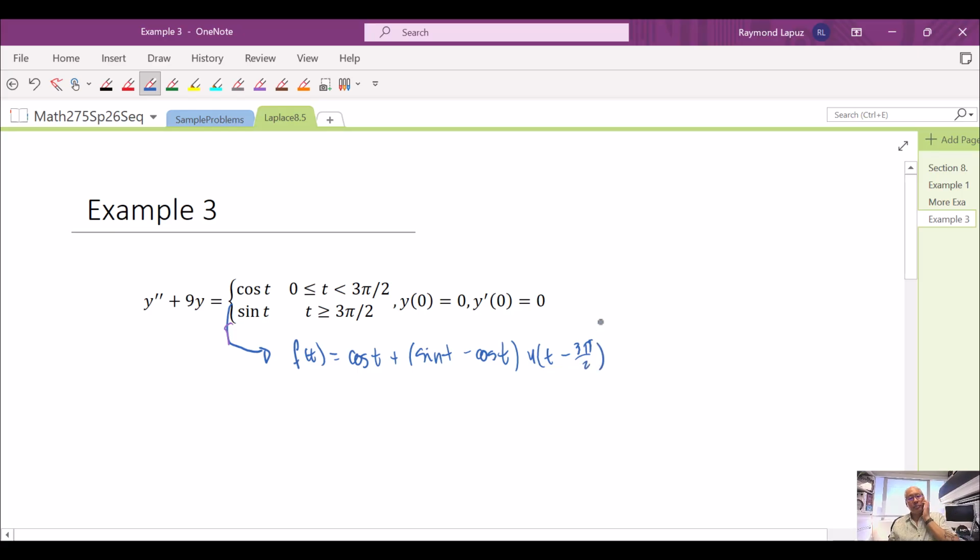Now we have a bit of a problem here because we want functions that look like cosine of t minus 3 pi over 2 and sine of t minus 3 pi over 2. But we have cosine and sine here.